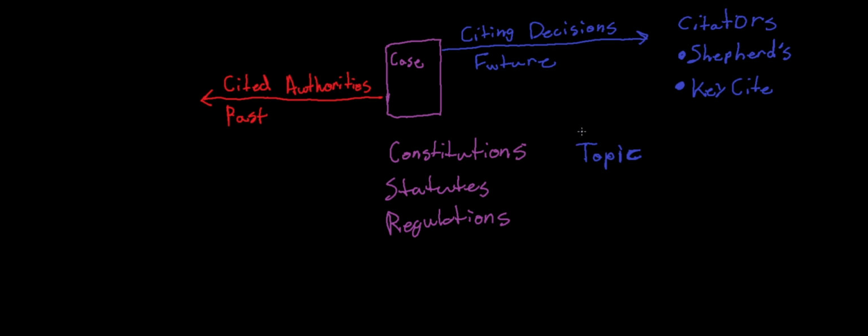But if you're dealing with an area of law that's been heavily written about by courts, then using these topical narrowers can help you find cases that are on point to the legal research that you are performing.